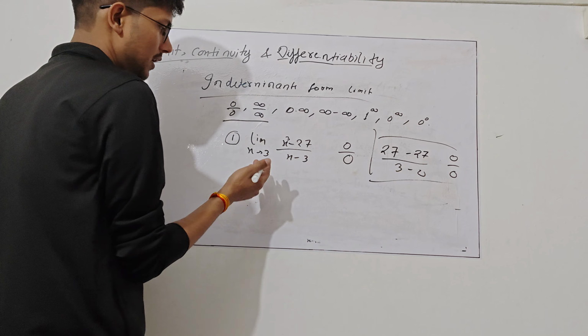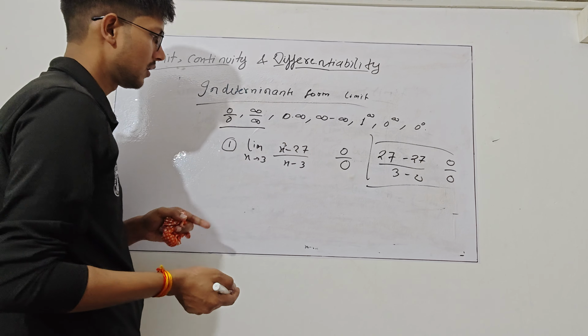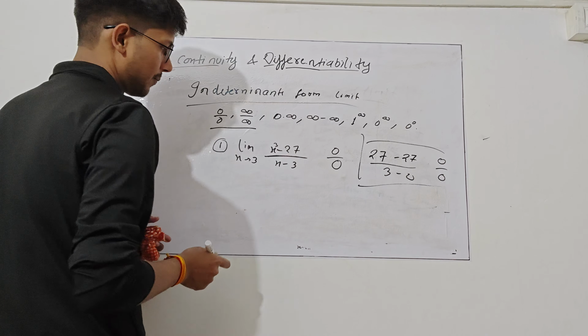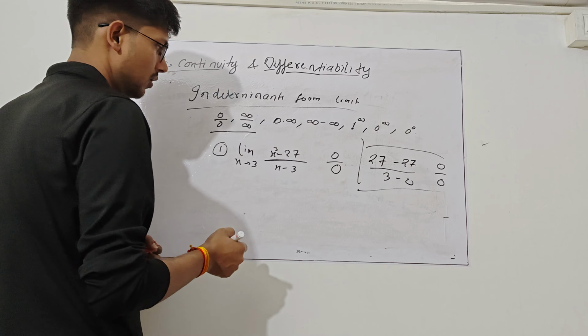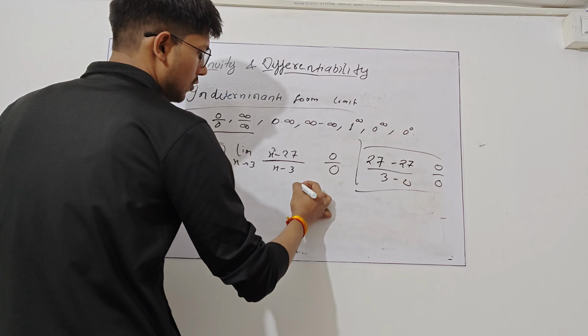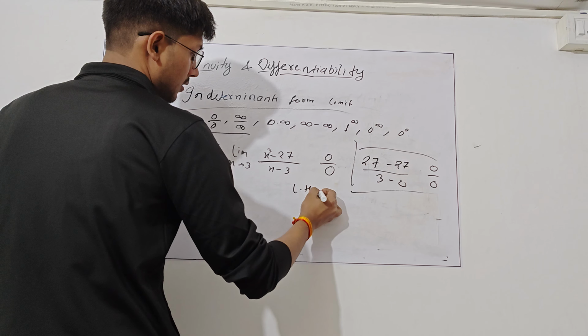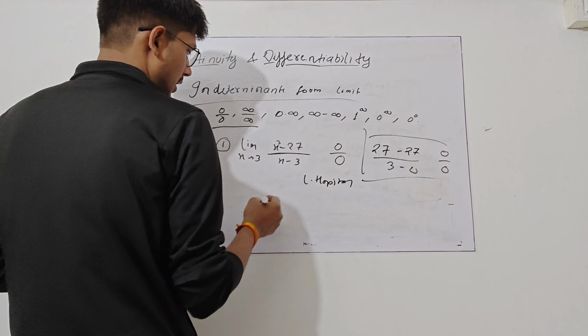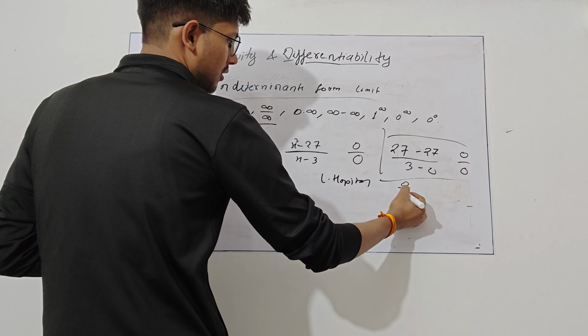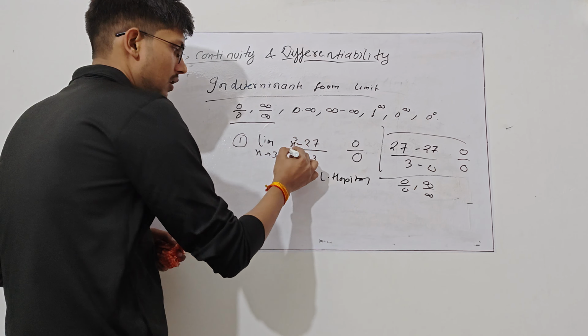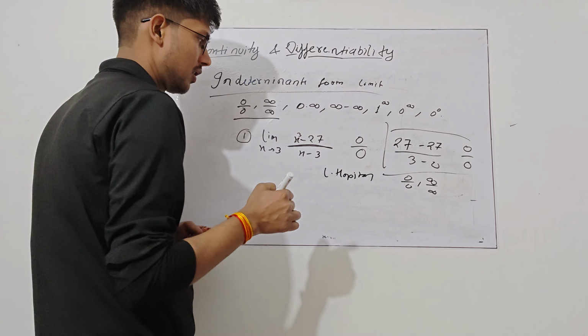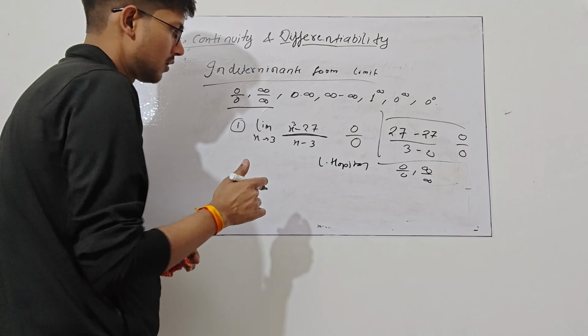We solve this by L'Hopital rule or rationalization. First we solve by L'Hopital rule. L'Hopital rule says that when our form is 0 by 0 or infinite by infinite, we differentiate the numerator and denominator.